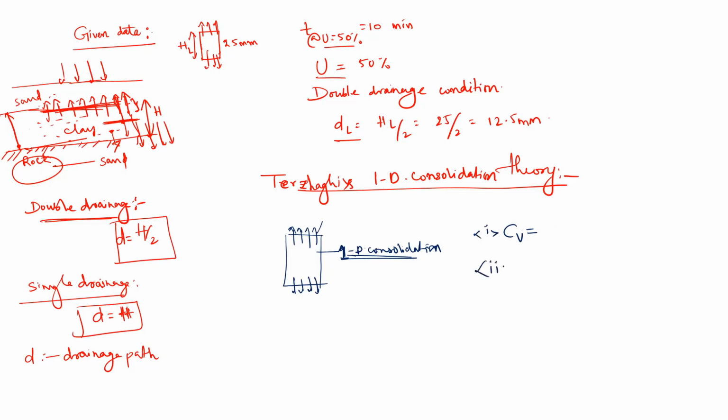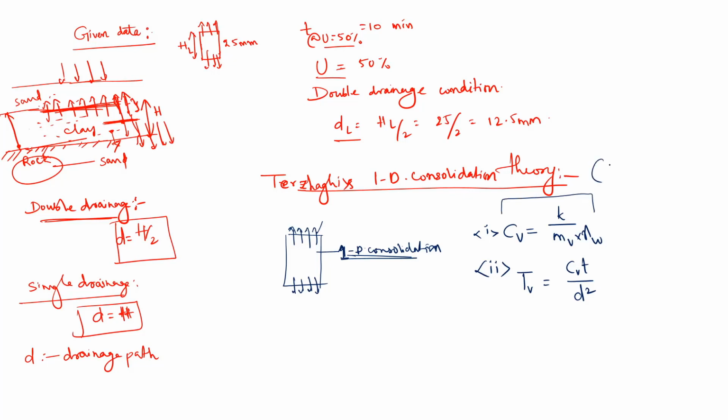We will be getting two terms. One is CV, which is K by mv into gamma w. Another one is time factor, TV equals CV T by d square. So these are the two factors which we will get during the derivation of the one-dimensional consolidation equation.